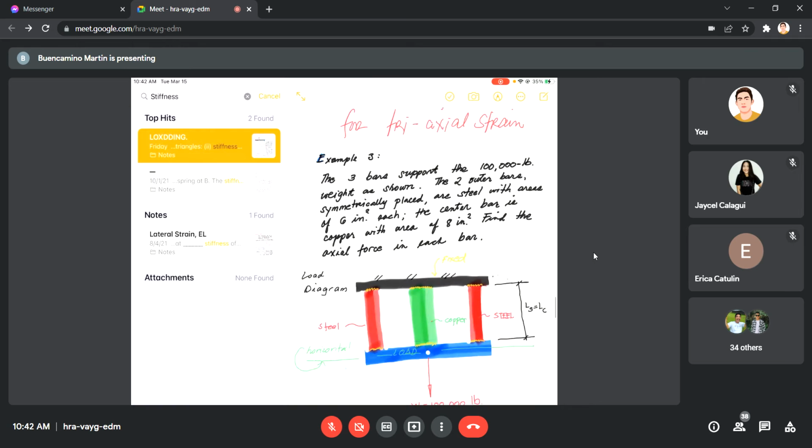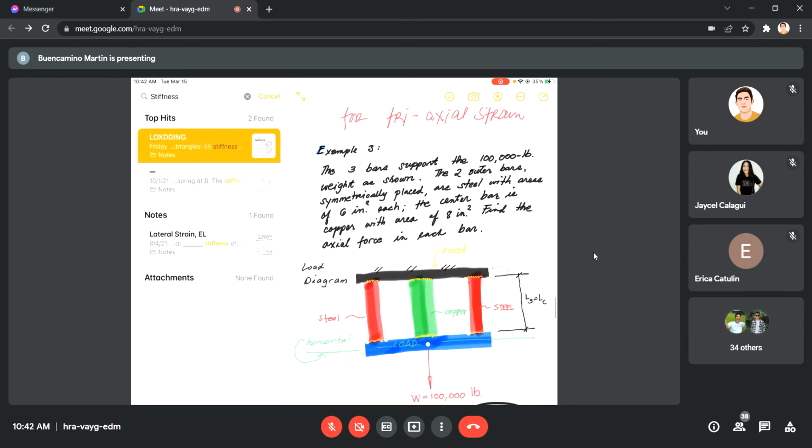Anyway, explain ko ulit kung ano itong problem natin. So, meron tayong 3 bars, and these are vertical bars, placed symmetrically with one another.